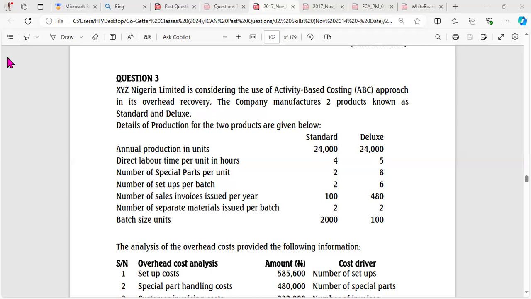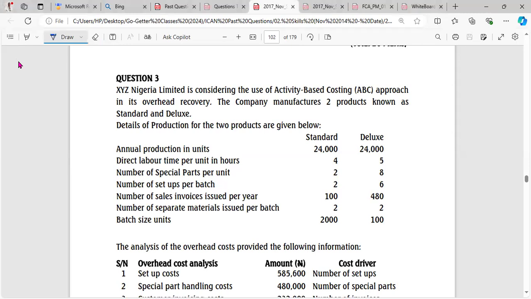But before we go to the marginal costing method, we'll look at the question that I gave as an assignment, and only one person was able to submit. So we are going to do the correction for that assignment, and let's see how we fare on that.